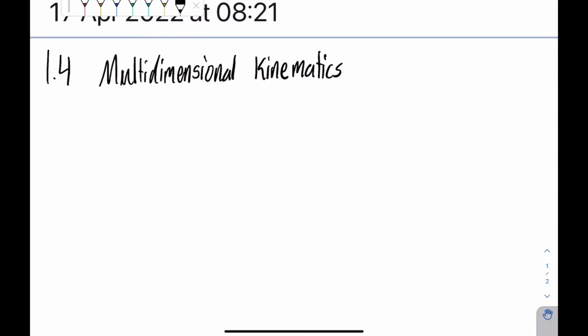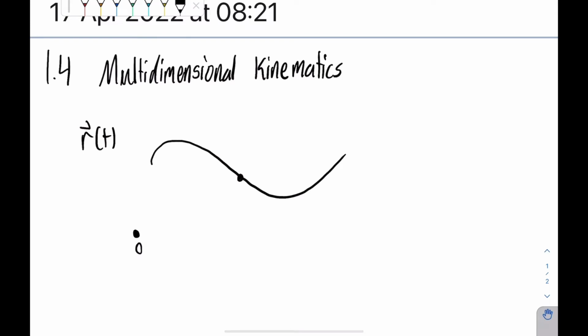The position will be modeled by a vector function, r of t, from an observer. So we have an observer O, and then we have a trajectory drawn by our particle, and this will be modeled by r of t, which will be changing based on where the particle is in relation to the observer.